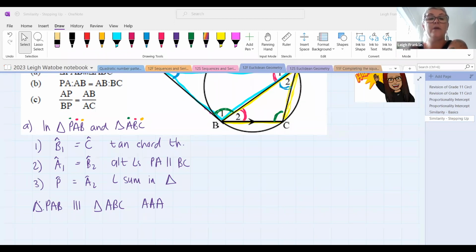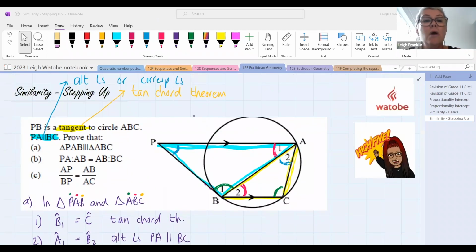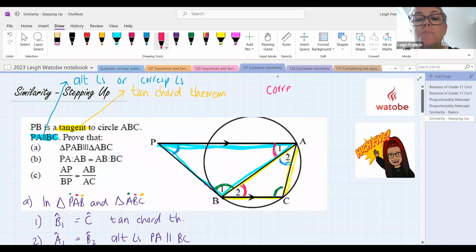We've got to start talking about the corresponding sides. Can anybody remember what the words corresponding sides mean? Let's go up here and let's talk. What do the words corresponding sides mean?